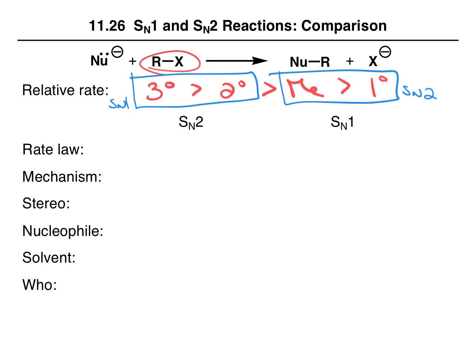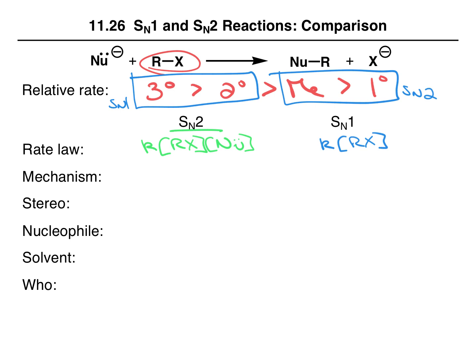So for an SN2 reaction, the rate law says that the rate is equal to the rate constant k times the concentration of RX times the concentration of the nucleophile. For SN1, the rate law tells us that the rate is equal to k times the concentration of RX, not the nucleophile.